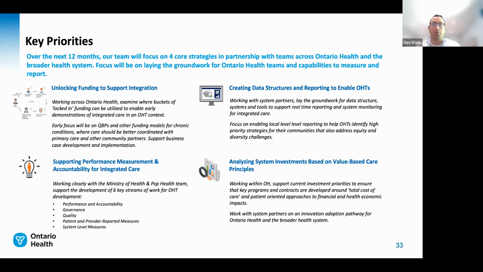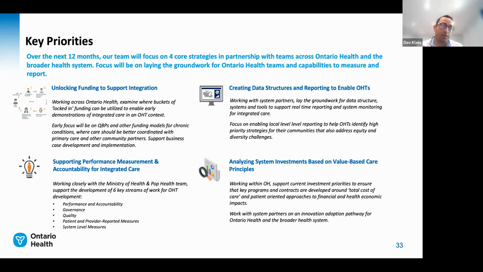And so being able to show both those views is part of the solution. And over the next 12 months, our goal really is to take all the massive data that we have within OH and be able to start giving it to you at a local level to help you in planning for the future.